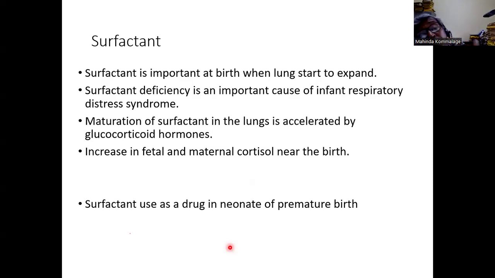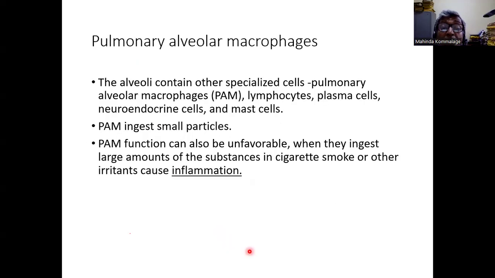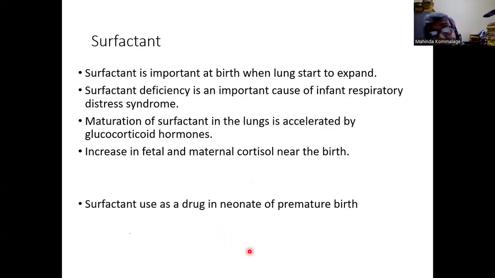So if there is a premature birth, there is no surfactant in the lungs, so in a neonate with premature birth, the lungs can easily collapse because of this surfactant deficiency, right? Read about that. That is a big problem. If there is a premature birth, we need to give surfactants to them. To prevent that, sometimes we give the mother cortisol, special drugs that will increase the synthesis of surfactant in the fetal lungs before birth.